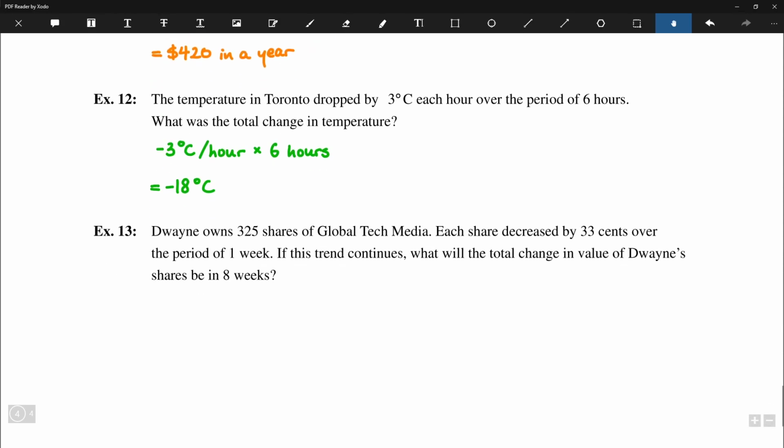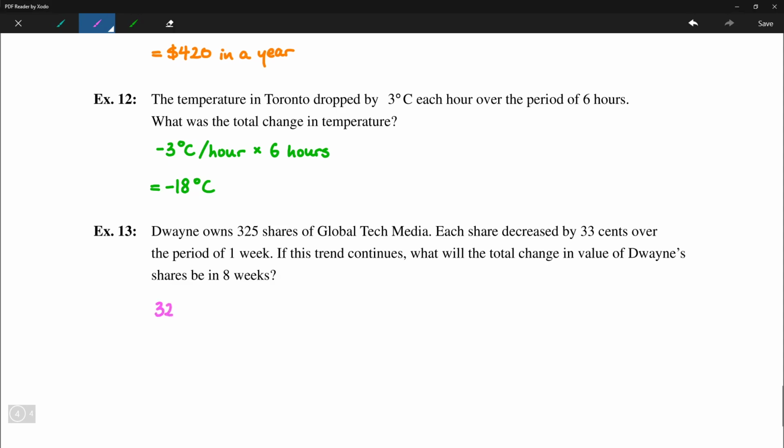Finally, last example, Dwayne owns 325 shares of Global Tech Media. Each share decreased by 33 cents over the period of 1 week. If this trend continues, what's the total change in value of Dwayne's shares in 8 weeks? Okay, so this one is a little bit more involved.